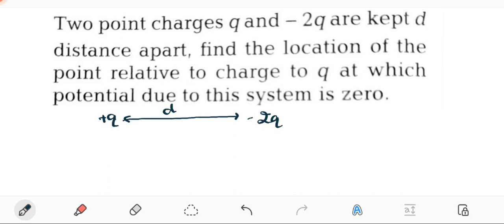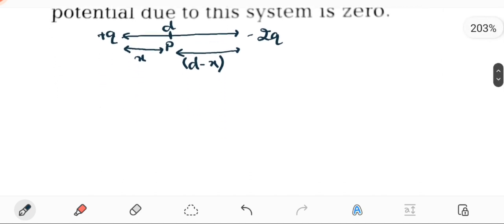Let us consider that point is somewhere around here. Let us consider this point is P, and the distance between plus charge q and P is x units, and the distance between P and minus 2q is d minus x units.